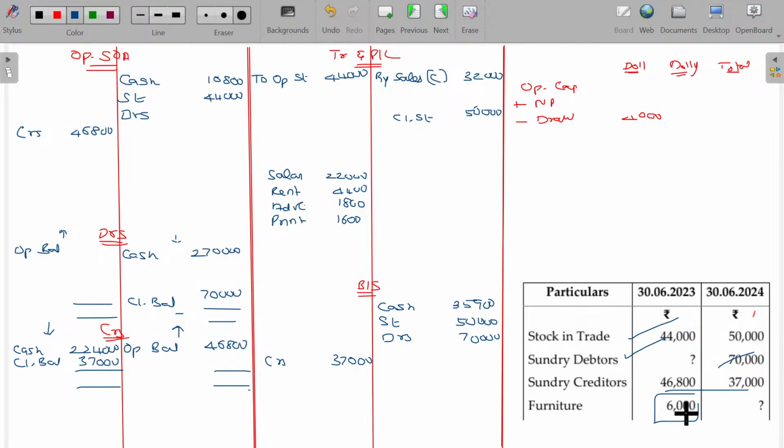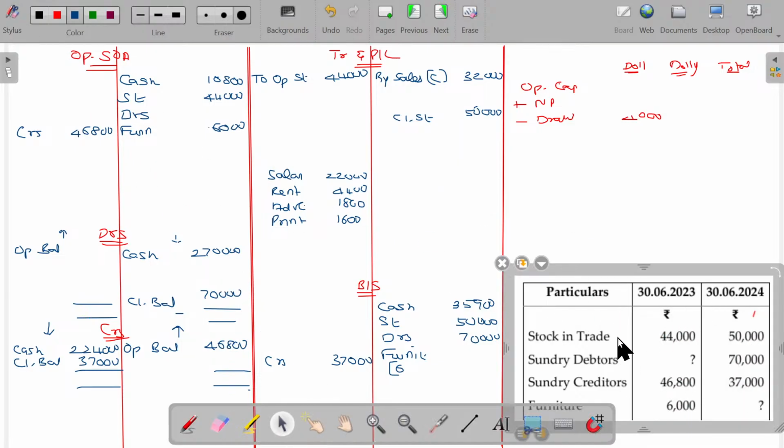Furniture 6,000 in the beginning, and closing furniture is supposed to be calculated. I put the value here 6,000. Maybe some depreciation, purchases and sales may happen, so I just keep it in the inner column. Double entry: opening 6,000 recorded, supposed to be adjusted.